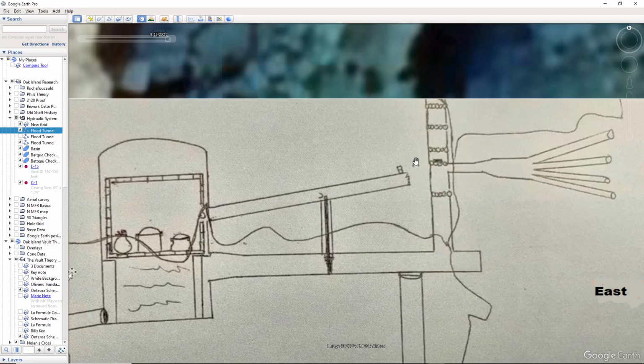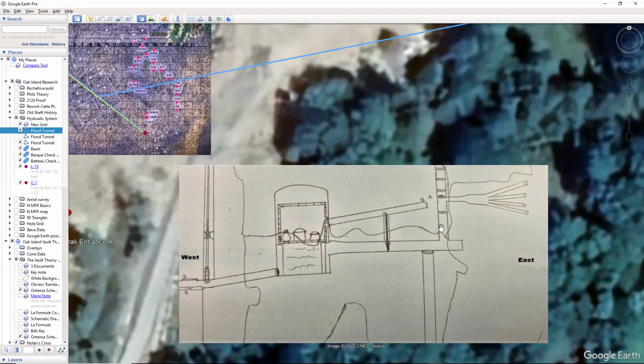So the oak entrance, which would be A, doesn't necessarily have to be the money pit. This could have been just a service shaft, and why they would put the 90-foot stone there, I don't know. But this is basically not necessarily the oak entrance, and they could be two separate points.